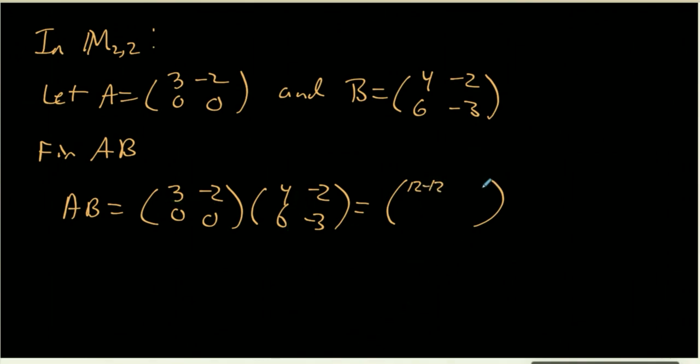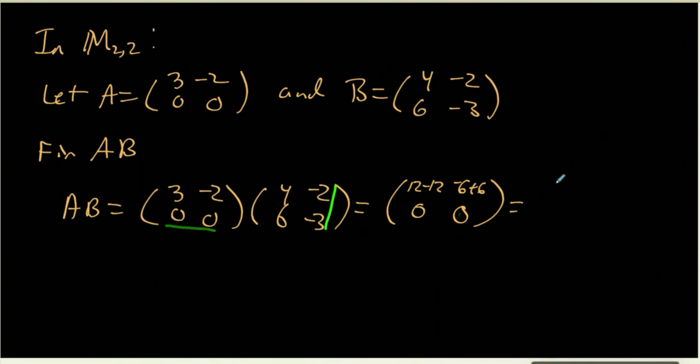The entry here is going to be this particular row dotted with this particular column, and that's going to wind up being minus 6 plus 6. And the entry down here is going to be this 0 row dotted with that, so it's just going to be a big fat 0. And this entry here is going to be that 0 row dotted with the second column, and so that's also going to be a big fat 0.